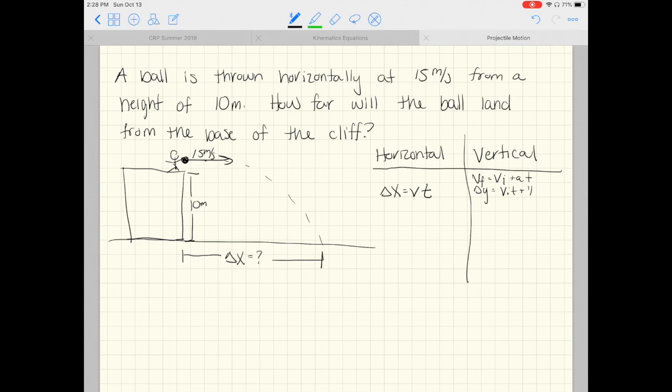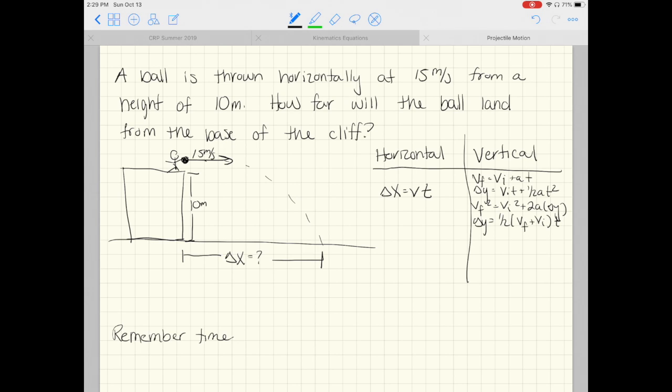Now I'm going to use delta y because we're talking about the vertical motion. So I'm going to use one of my kinematic equations to solve for the vertical. Now it just depends on the information I'm provided, which one I use. Now the one thing that is the same is time.